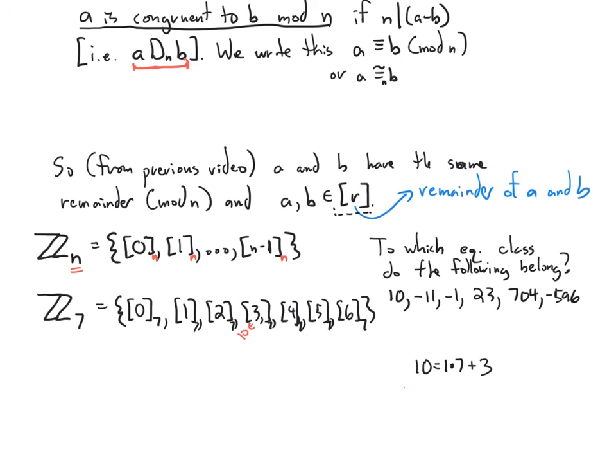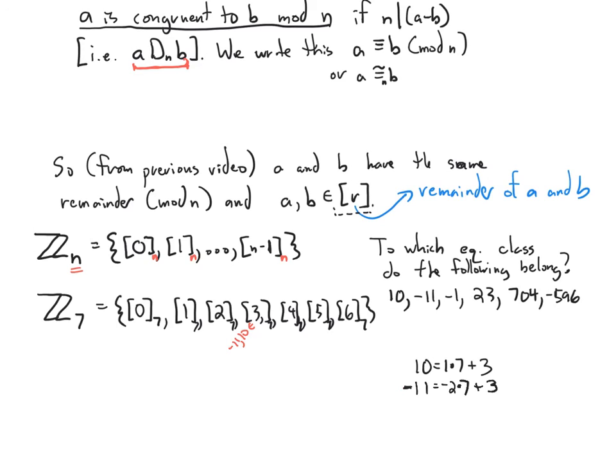Okay? Negative 11, and you can check to make sure that you have this correct. But negative 11 is negative 2 times 7 plus 3. So that's also in the equivalence class of 3. So negative 11 is another element in there.